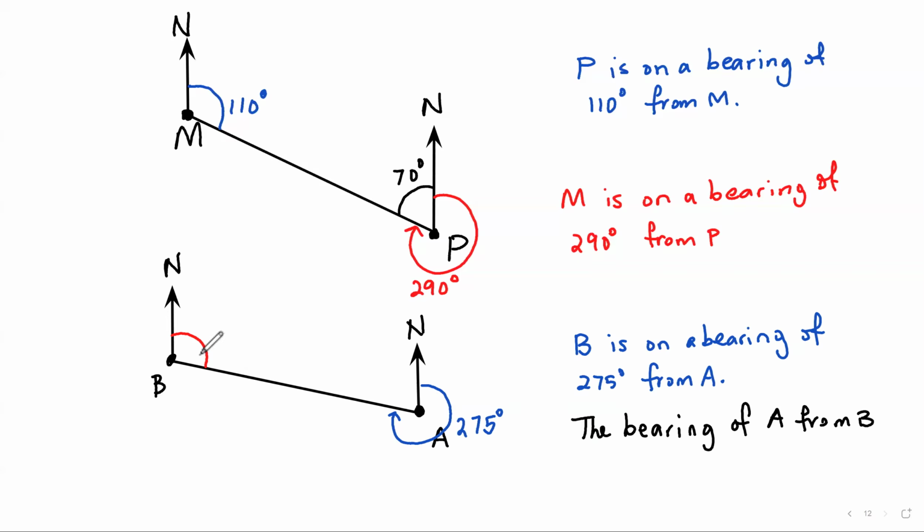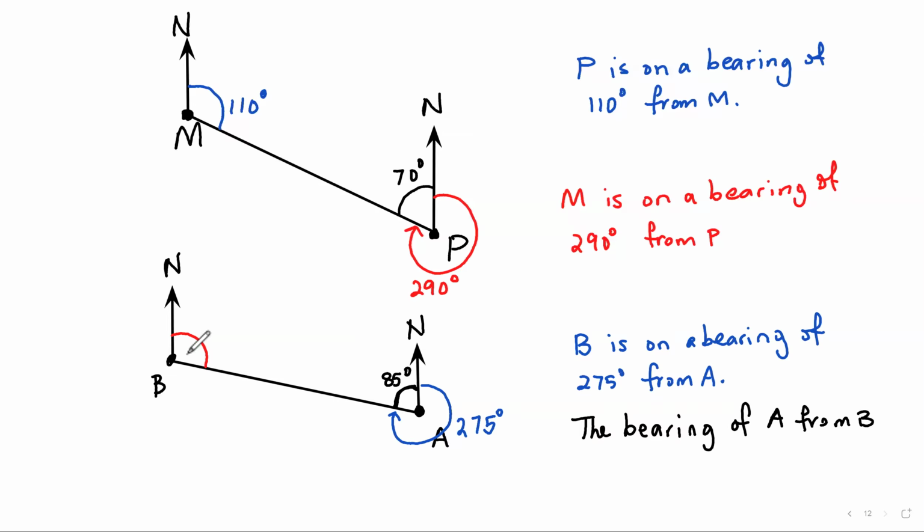So how would I calculate this one? Now, you are correct in that to calculate this angle here, you would say 275 from 360. How much is that? 85. Good.